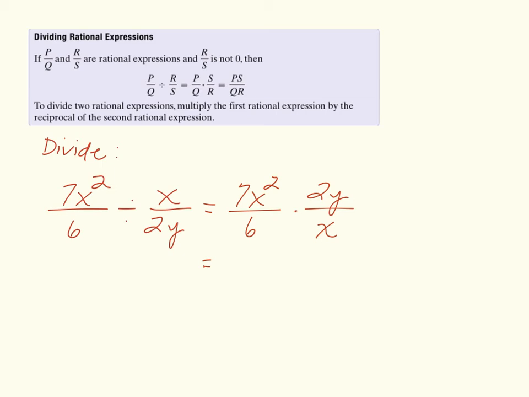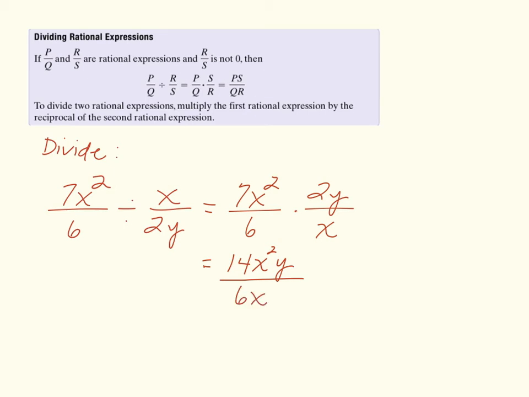But it would save you a step if you don't do that. So I'm going to go ahead and multiply everything just so you can see what I'm talking about. Look at 7 times 2 is 14, and x squared y is in the numerator. Then we have 6x in the denominator.